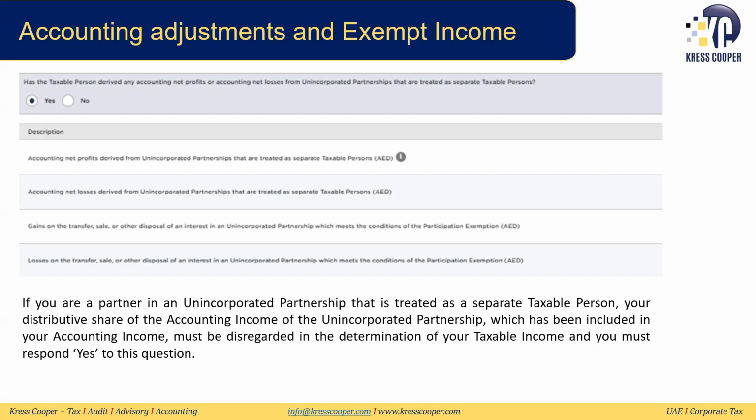And if you have marked it as yes, then it will ask you to exclude this income from your financials.